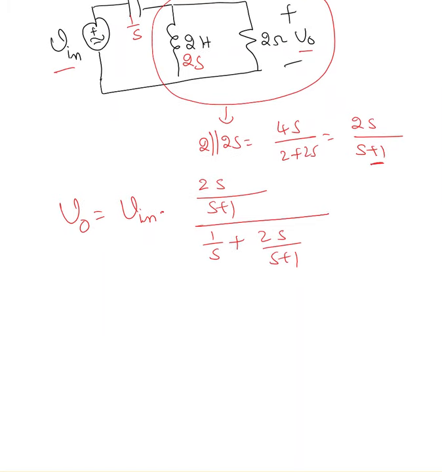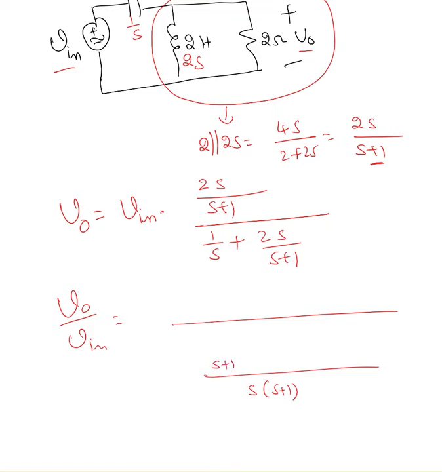Okay, now I'm going to simplify. So V0 over V input equal to, in the denominator I have S times S plus 1. There is no common term, so I have to multiply the 1 with S plus 1 and 2S with S.